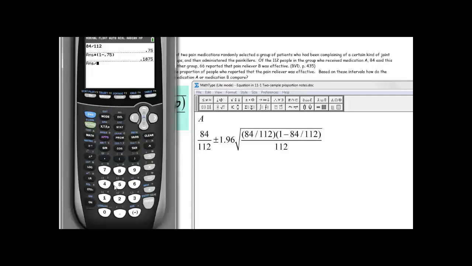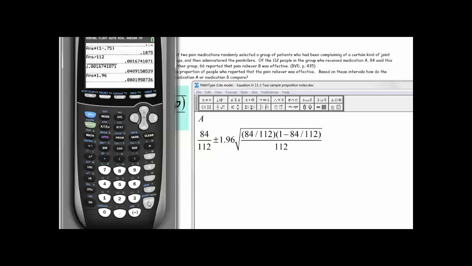And then I want to divide that by 112. So I've got this inside fraction here, and then I want to take the square root of that decimal, and then I want to multiply that by 1.96.